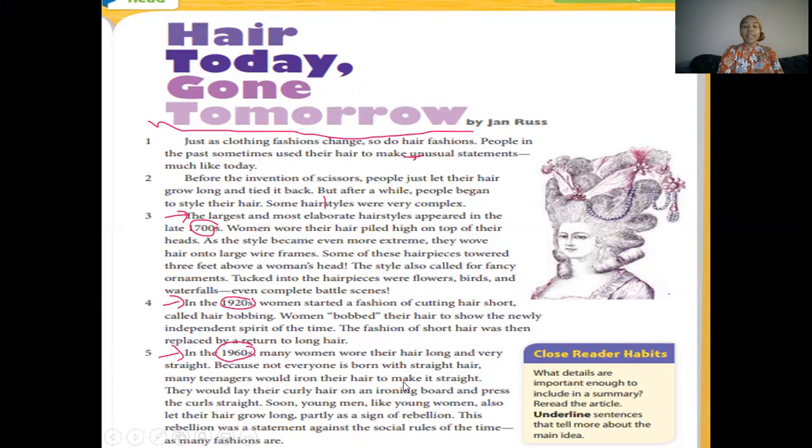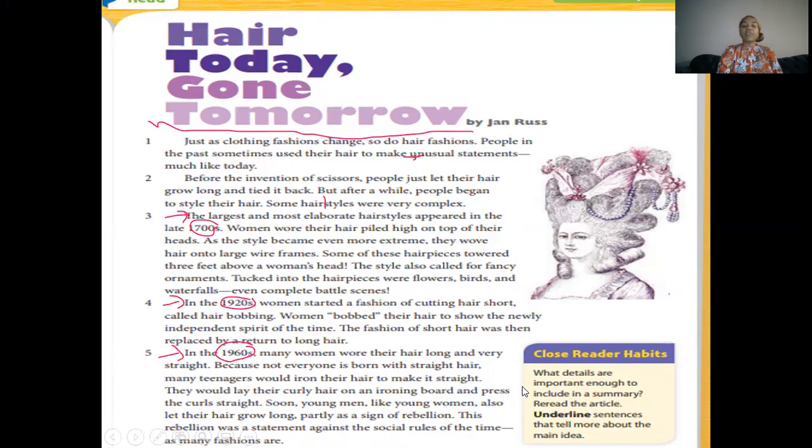Because everyone is not born with straight hair, many teenagers would iron their hair to make it straight. They would lay their curly hair on an ironing board and press the curls straight. Soon, young men, like young women, also let their hair grow long, partly as a sign of rebellion. This rebellion was a statement against the social rules of the time, as many fashions are.